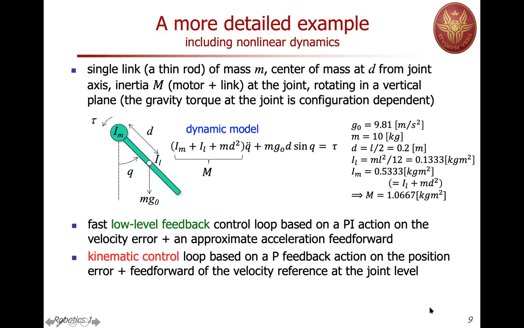We don't want to control simply the velocity, but actually we want to bring this pendulum up or horizontal, move it sinusoidally, whatever. And we also have a feed forward in terms of the velocity reference at the joint level. And here the Cartesian space is just a scaled factor of the joint space. We have only 1 degree of freedom.